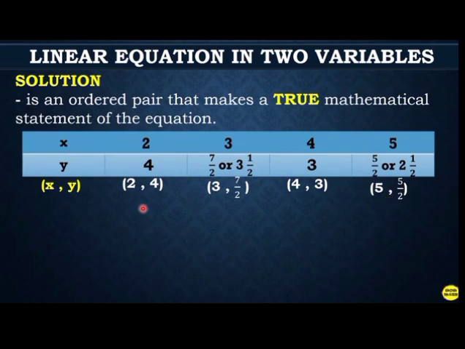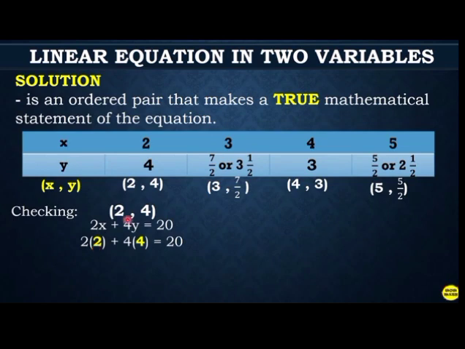Let us prove that 2 and 4 is a solution. So let us substitute the value of x, which is 2, and the value of y, which is 4. So 2 times 2 plus 4 times 4 equals 20.